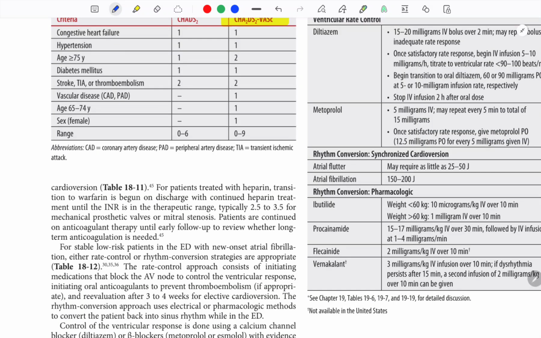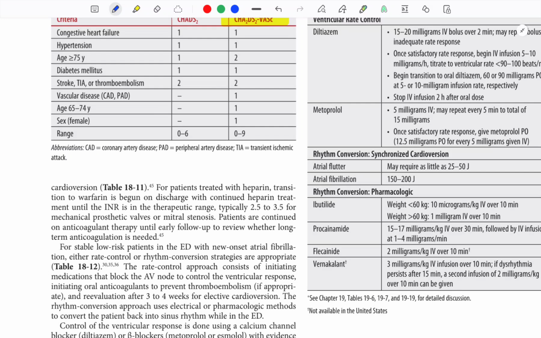If the patient has a CHA2DS2-VASc score of more than or equal to 2, you need to start anticoagulation. The goal INR is typically 2.5 to 3.5 for mechanical prosthetic valves or mitral stenosis. We are going to use warfarin in mitral stenosis and prosthetic valves.